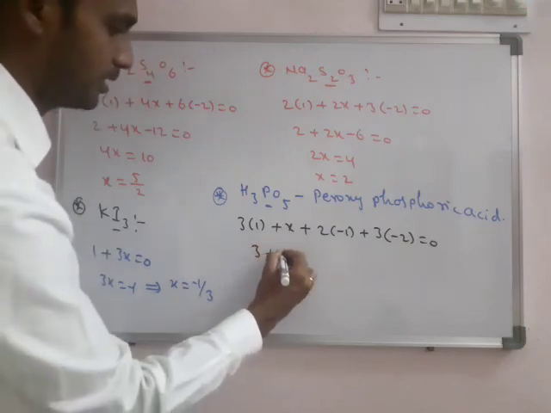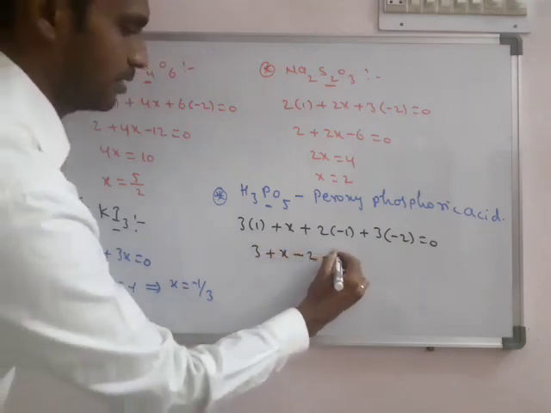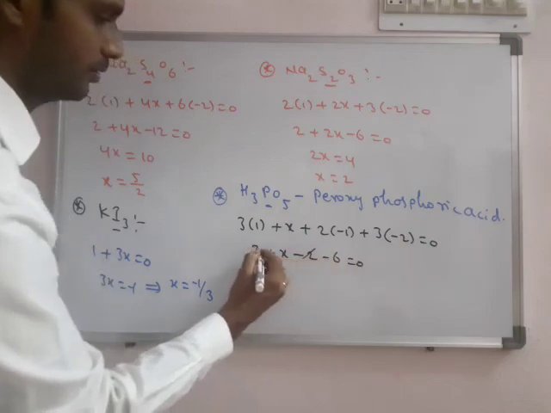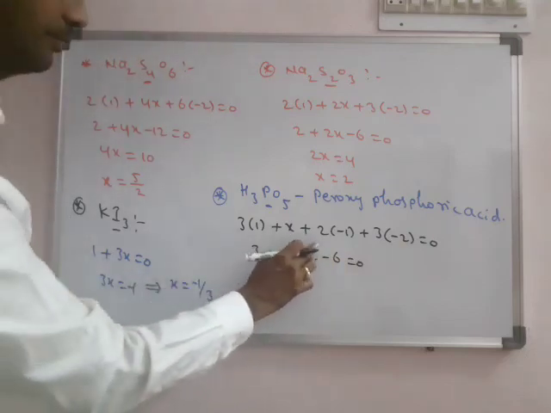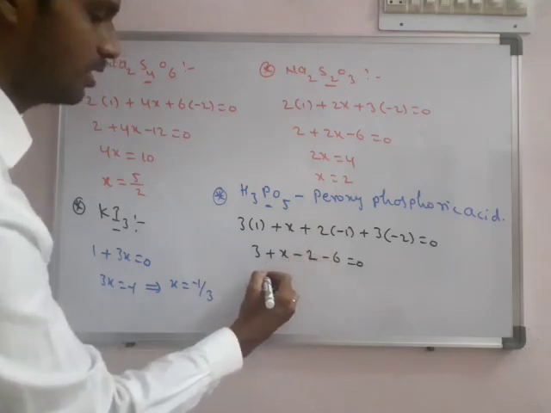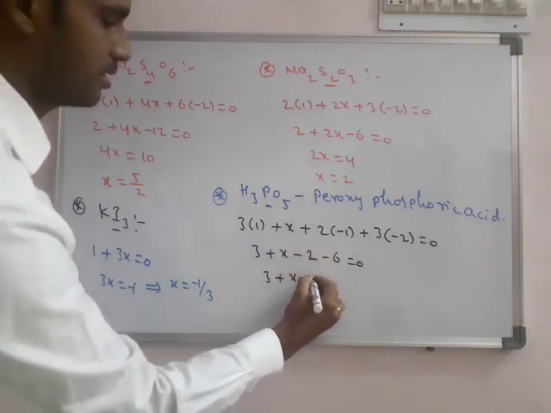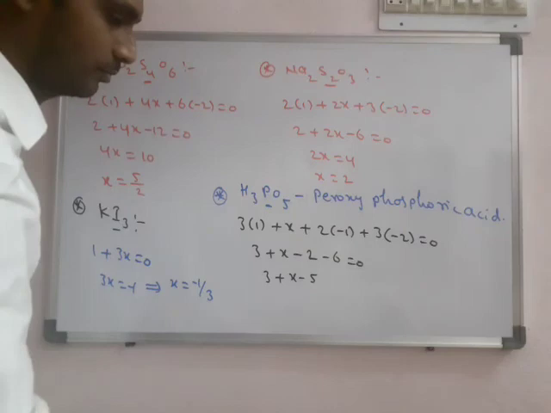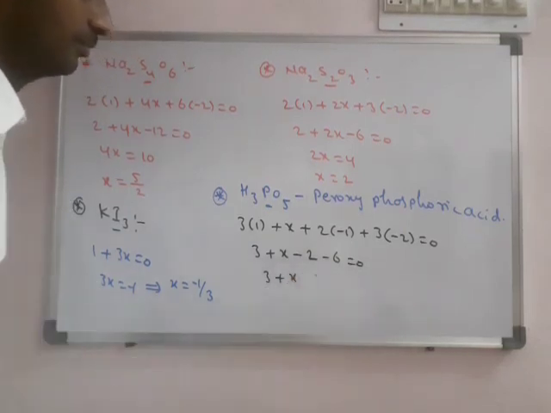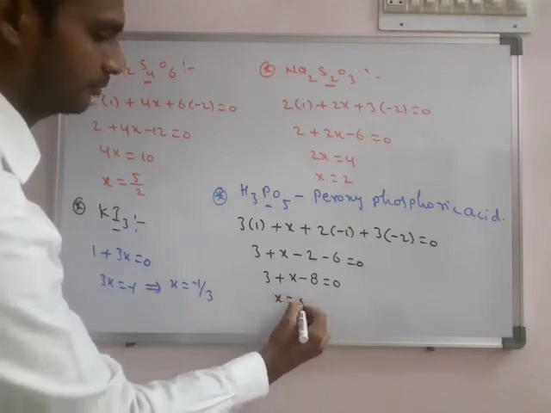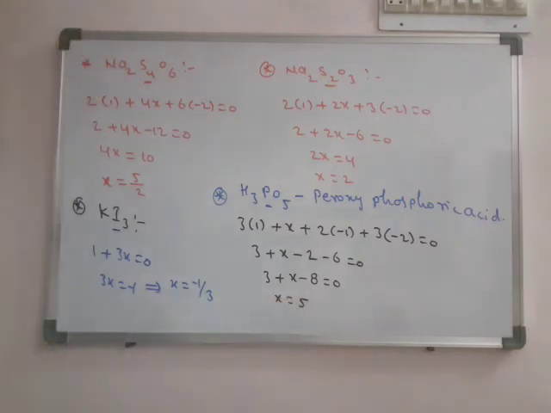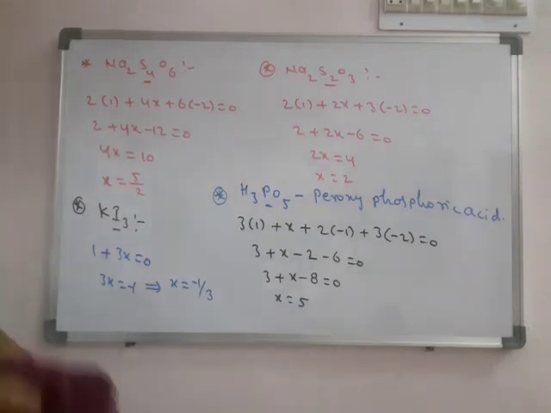So 3 plus x minus 2 minus 6. Sorry, okay. So 3 plus x. So it is the maximum oxidation number of phosphorus, as phosphorus has 5 valence electrons.